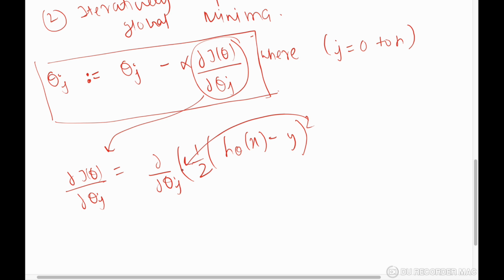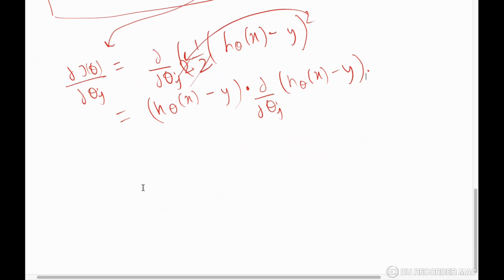So this 2 comes here, this gets cancelled out, so we are left with h theta of x minus y times the derivative of h theta of x minus y.